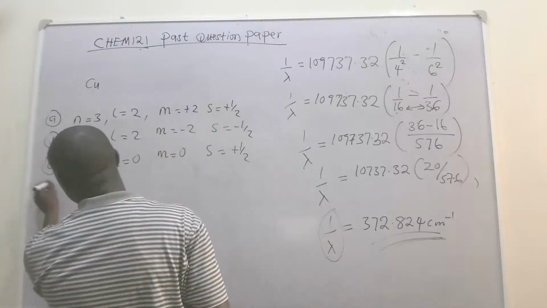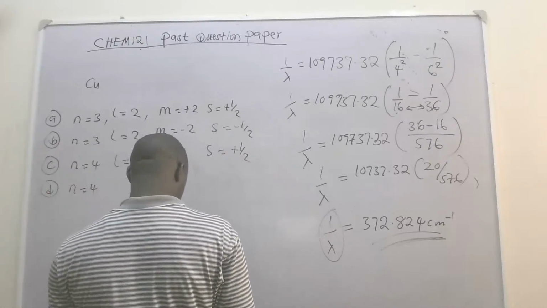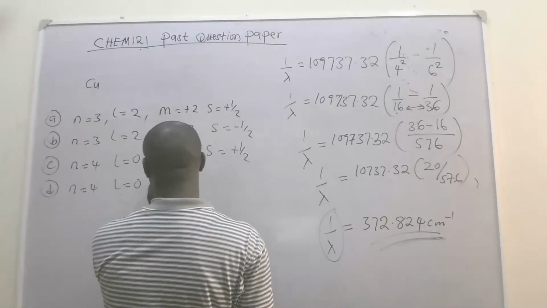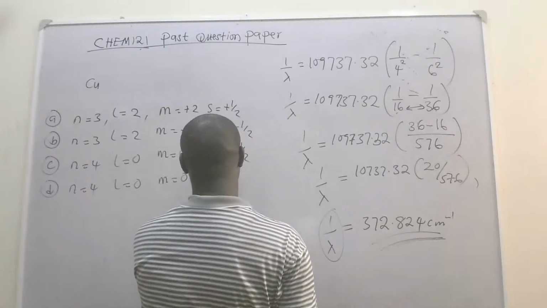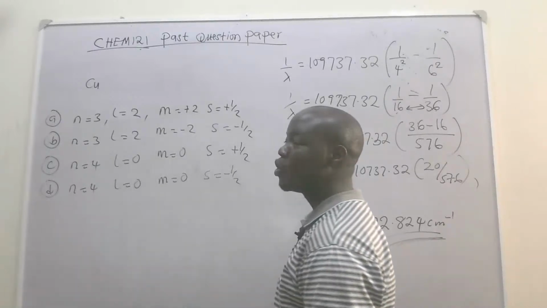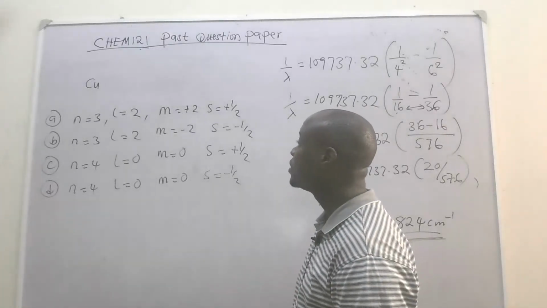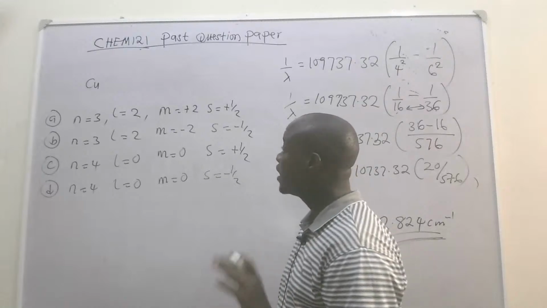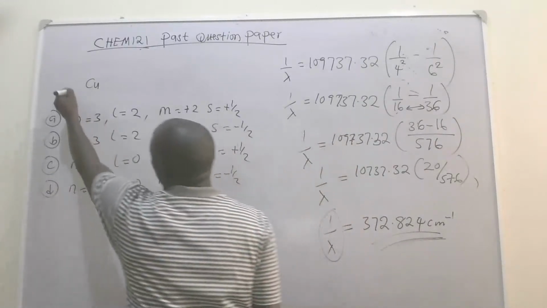And then for D, we have n equals 4, l equals 0, m equals 0, and s equals minus half. So the question here is asking, which of the following quantum numbers best describes the valence electrons of copper? The valence electrons of copper. And remember, copper is one of the elements that.